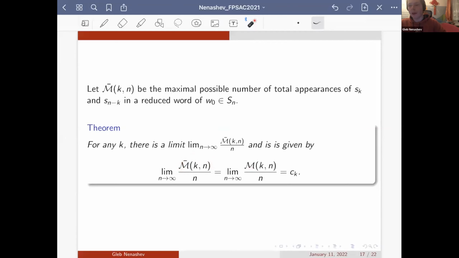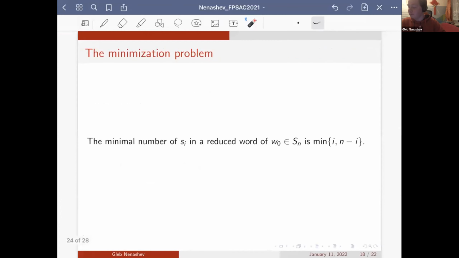Okay, and another natural question is a similar problem for minimization. What do we have if we minimize the number of this generator? The minimum number of s_i in a reduced word is always the minimum of i and n minus i.